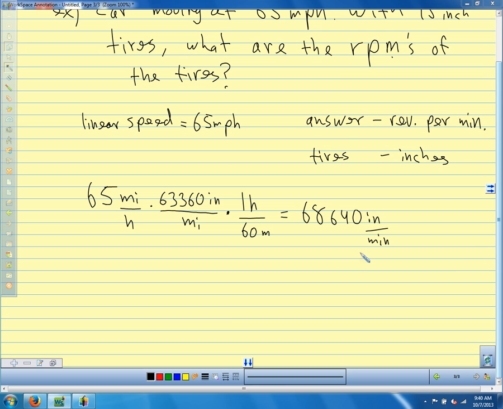So that's our linear speed. And we need our angular speed. So let's find our angular speed. So that's our next step, is find angular speed.